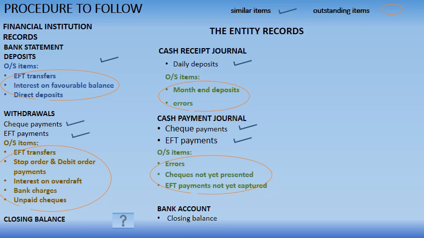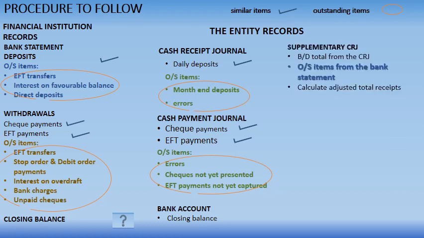The first step will be to prepare the supplementary cash receipt journal. The first entry in the supplementary cash receipt journal will be to bring down the total from the cash receipt journal before the reconciliation, bring in outstanding items from the bank statement, and calculate the adjusted total receipts for the month.